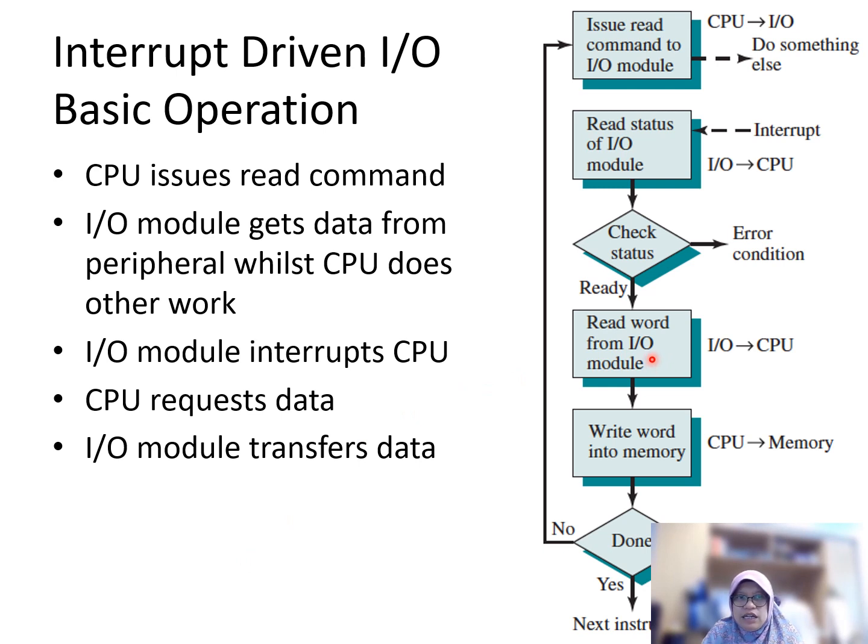In interrupt-driven I/O basic operation, there are two views. One is from the I/O module. For input, the I/O module receives a read command from the processor, and then proceeds to read data from an associated peripheral.